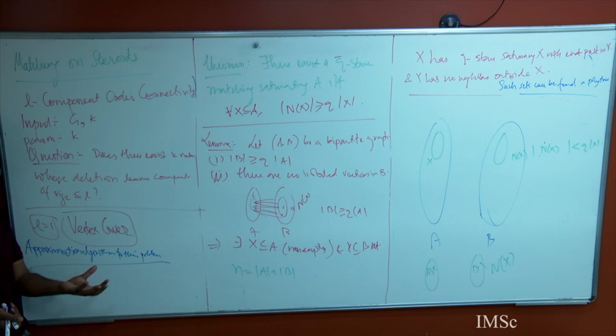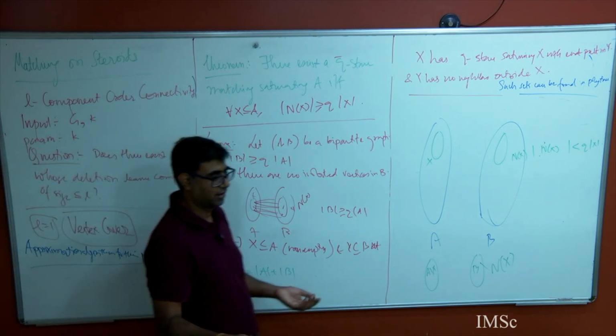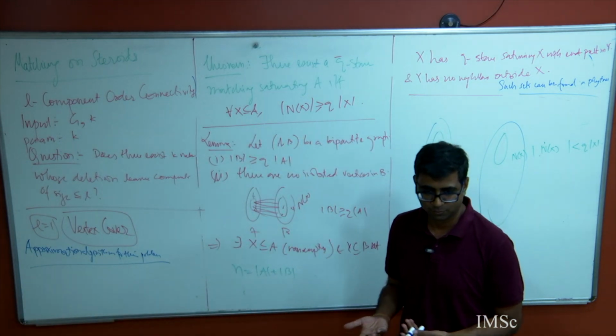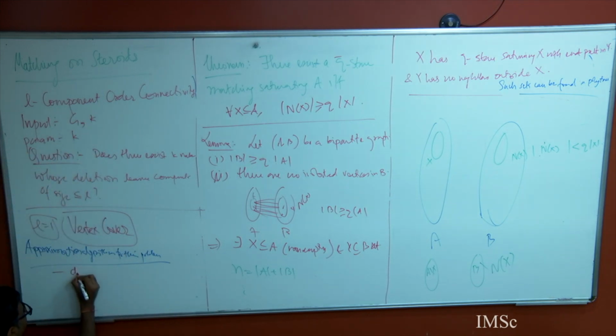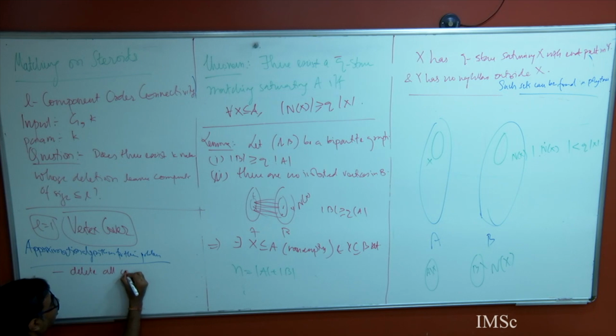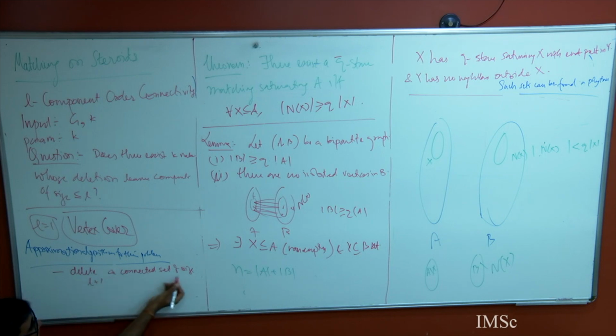If I find an L plus 1 size connected set, at least one of these vertices must be deleted, the way you find an edge. So here is my simple algorithm: delete a connected set of size L plus 1 and keep repeating in the remaining graph.